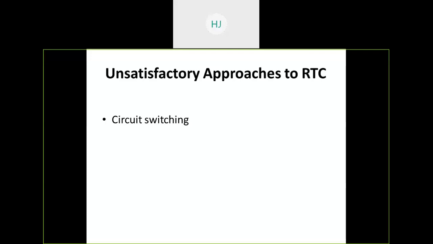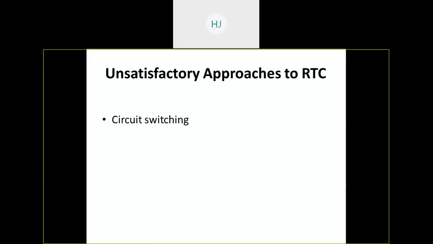There are several mechanisms for supporting real-time communication which we consider unsatisfactory, one of which is circuit switching. Circuit switching is a very important mechanism used mostly in communications, but it is now unsatisfactory for real time.